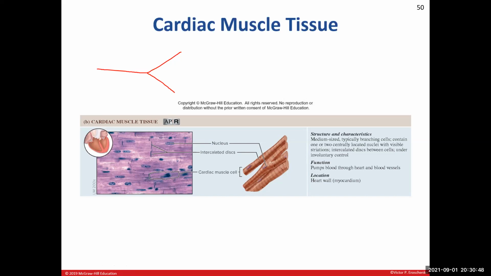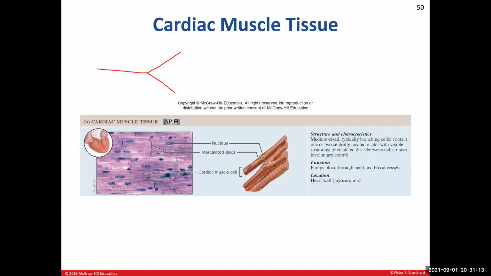When you get into chapter 19 and talk about the heart, you'll get into more detail. But these intercalated discs allow for the movement of ions from one cell to the next, and they also create a physical anchoring point for adjacent cells, so you can have a much more efficient contraction.